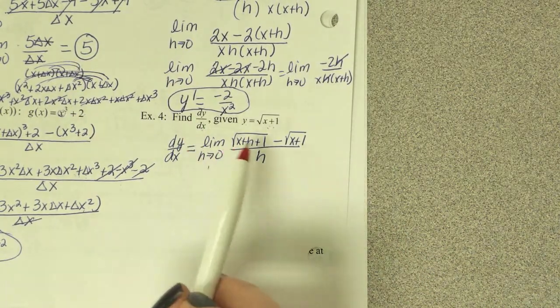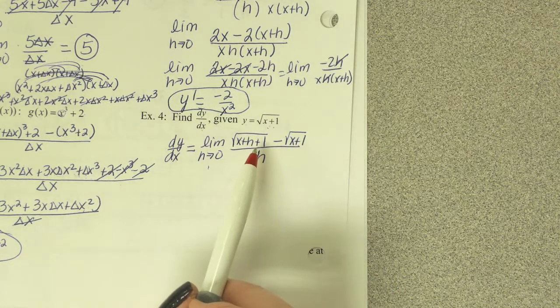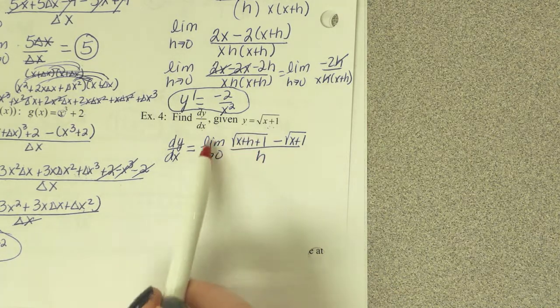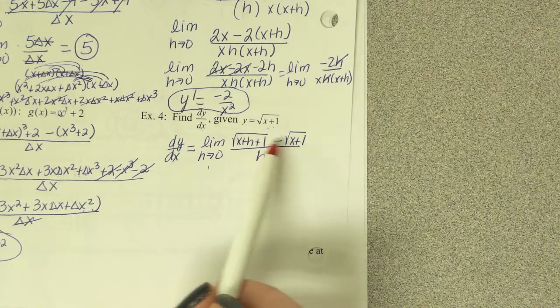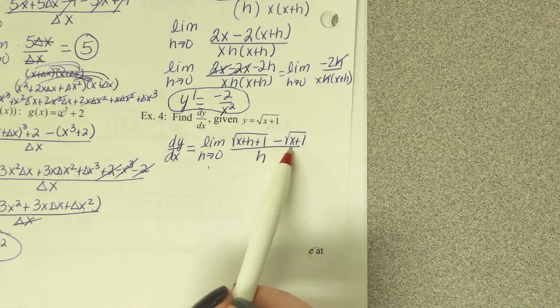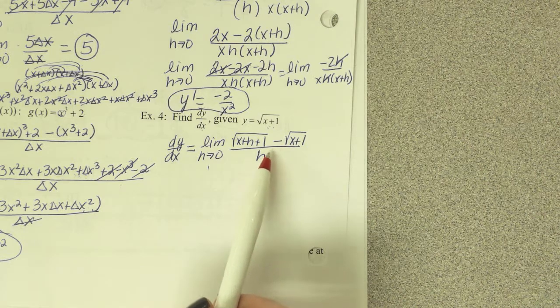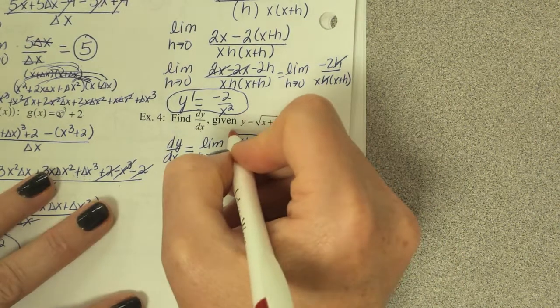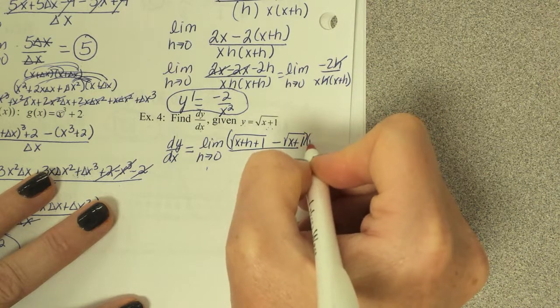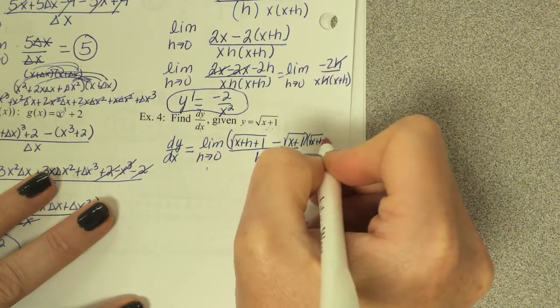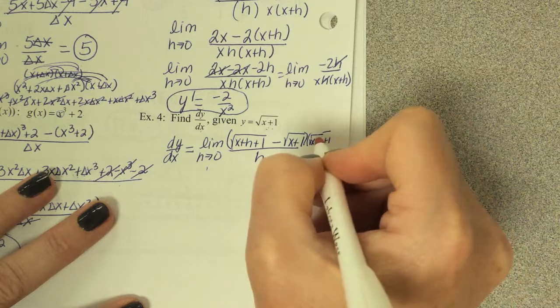So to find this derivative, we have to be able to simplify this. Does anybody remember how we simplify a limit if we have two radicals in the numerator? Multiply by the, David? Conjugate? Yep. Conjugate. When I do the conjugate, I write the exact same thing, radical x plus h plus 1, but I change this middle sign.